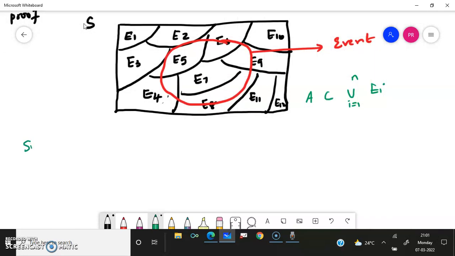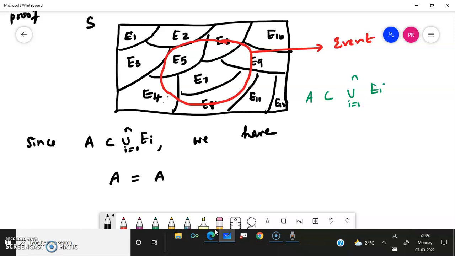Now since A is a subset of union i equal to 1 to n Ei, what do we have? A equal to A intersection union i equal to 1 to n Ei, right?